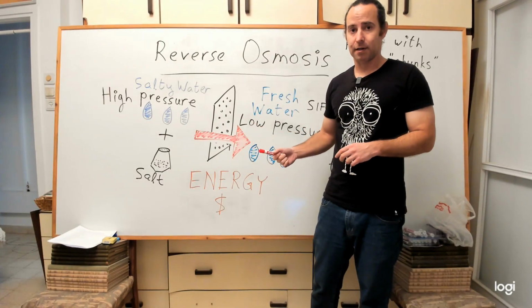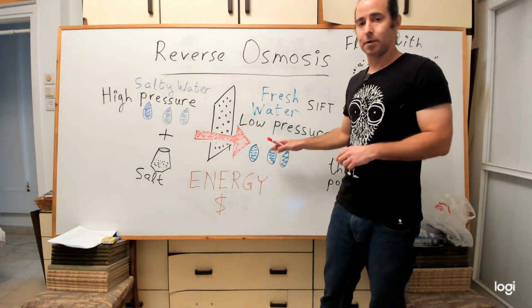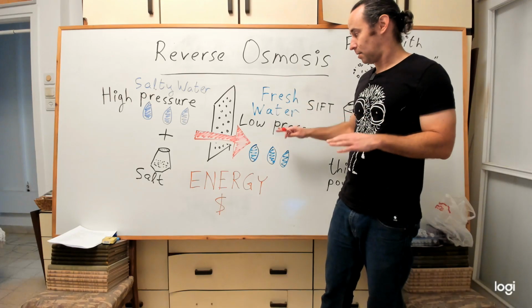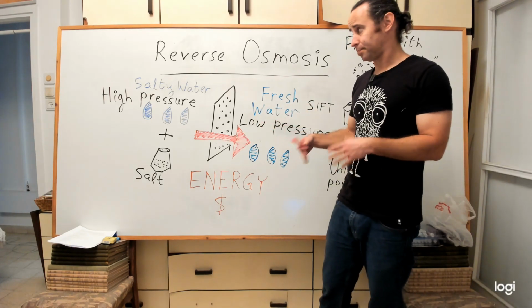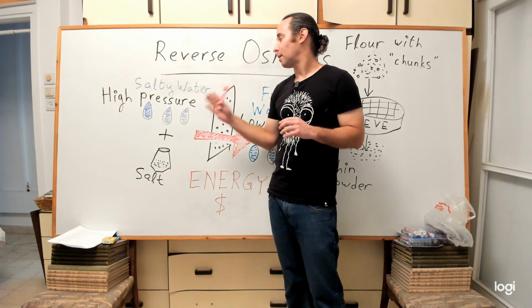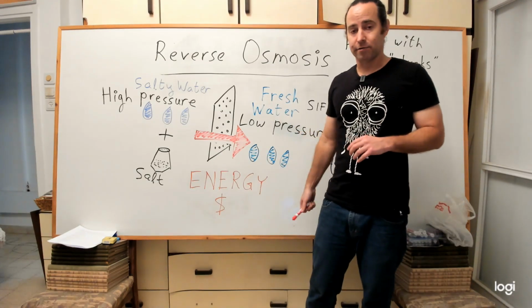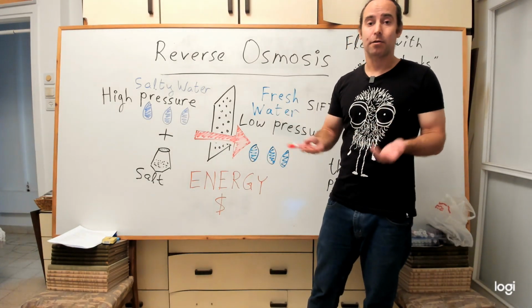It needs a lot of electricity to have high pressure here, and the low pressure is no problem because the normal pressure is the low pressure. But to make the high pressure, we need something mechanical, a lot of energy, which requires a lot of electricity, which means a lot of money, and they don't have it, and they don't have water.